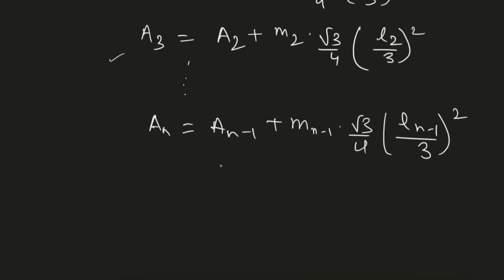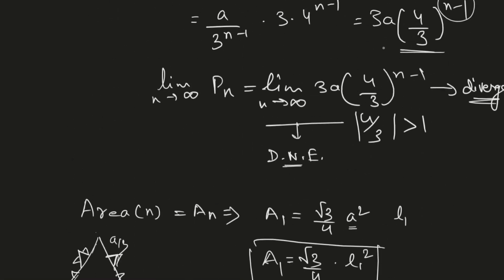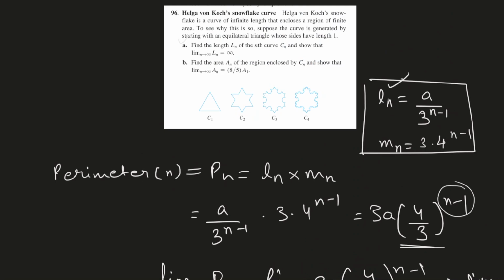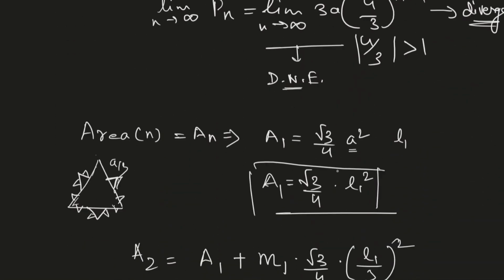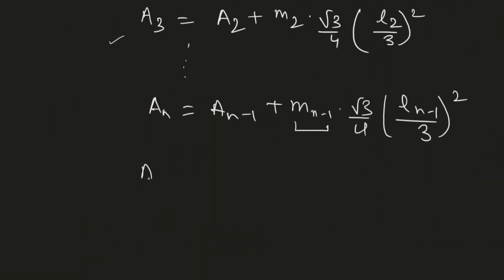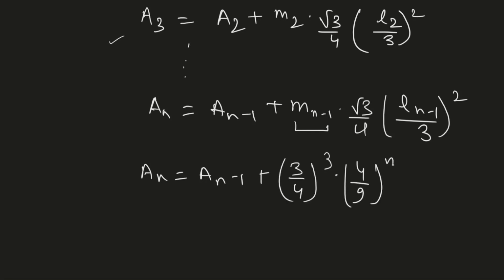Right? Now, if I put in the value of m n minus 1 and l n minus 1, right, because I have these ln and mn as functions of n, so if I use that, I would get An is equal to An minus 1 plus this whole thing, 3 by 4 cube times 4 by 9 power n times root 3 a square.